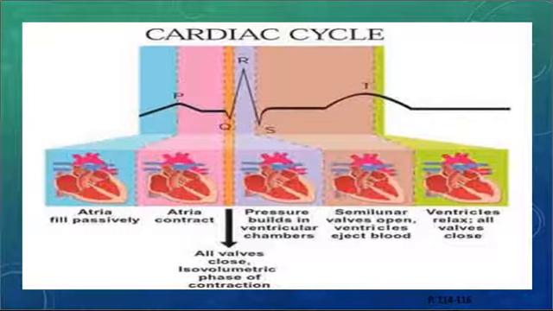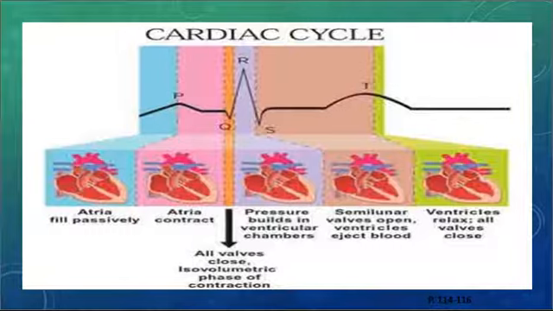Your cardiac cycle: the atrium fills passively. It just lets itself fill. The atriums, both the right and left atrium, fill up. When they're full, your atrioventricular valves, which are your tricuspid on the right and mitral on the left, open.